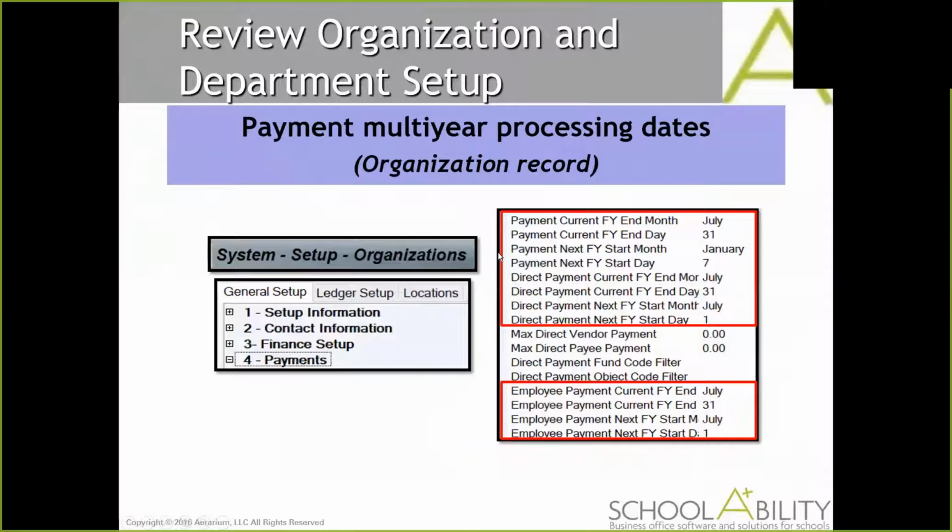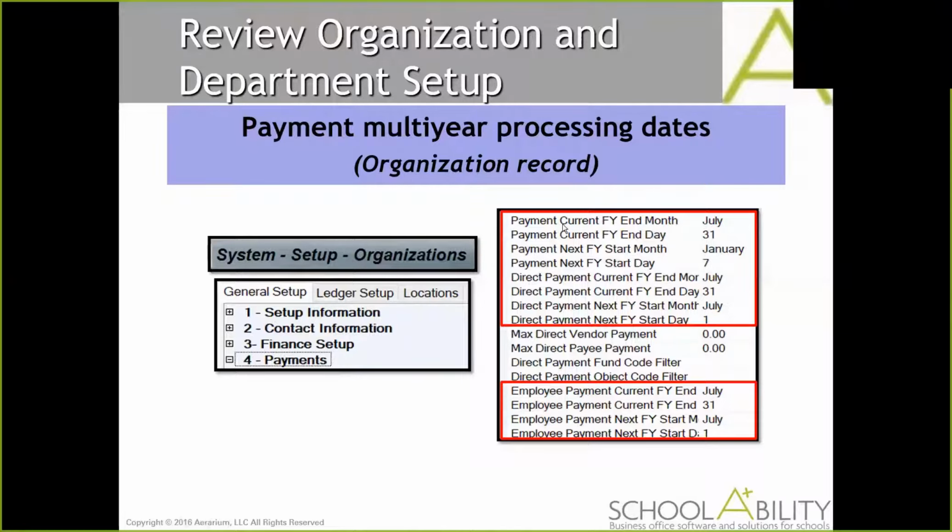So let's go right into the system setup of the organization. From here, we're going to go to System, Setup, and Organization, and then to Section 4. Within Section 4, it has these fields. The ones highlighted in red are the ones we are referring to. For example, payment current fiscal year end month.